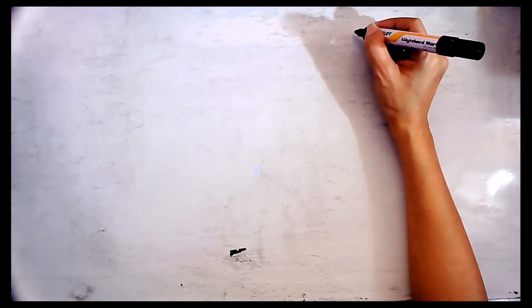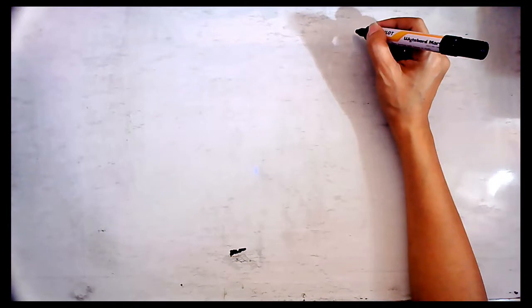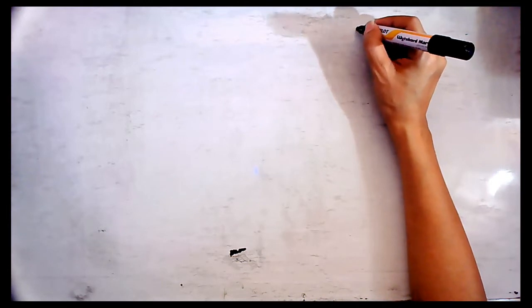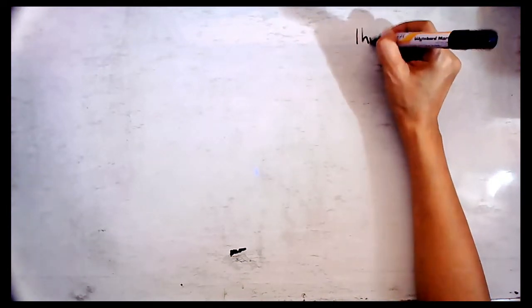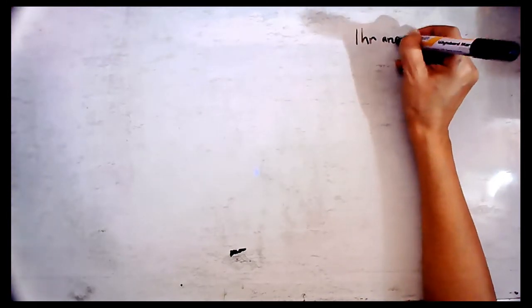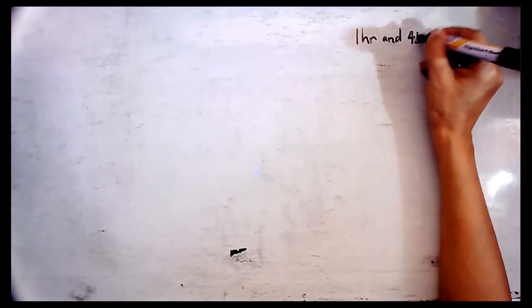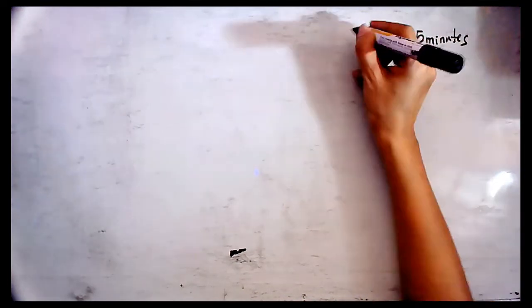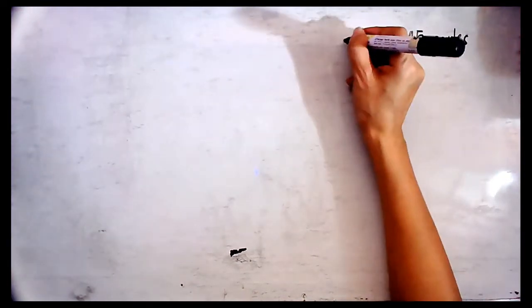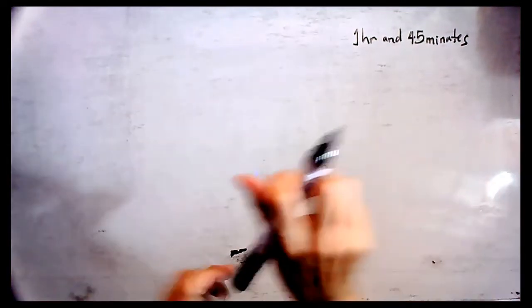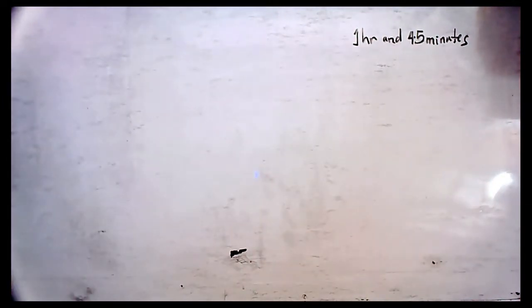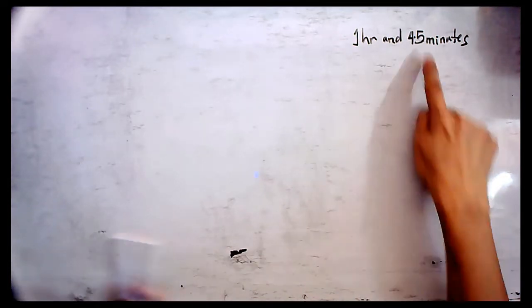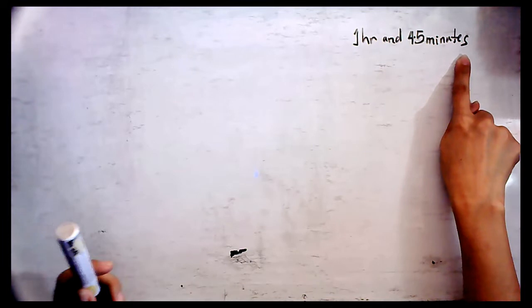According to the problem, it took an airplane 1 hour and 45 minutes. So 1 hour and 45 minutes is roughly equivalent to 1 hour plus 75%. 45 minutes is 75% of 1 hour.